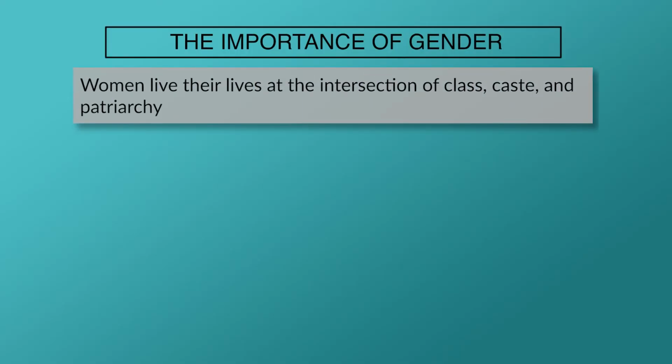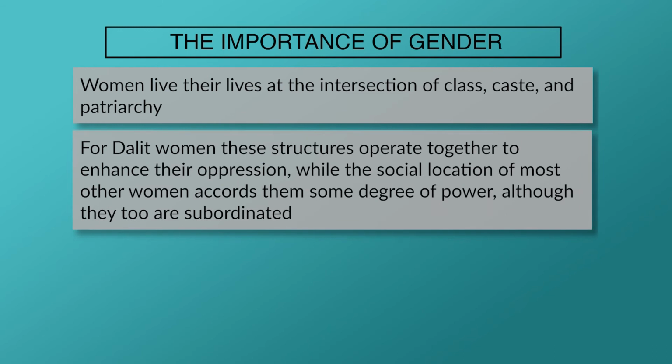Women live their lives at the intersection of caste, class and patriarchy. This is specifically seen in the lives of Dalit women, whose opportunities and experiences of oppression are shaped by their social location as Dalit women.